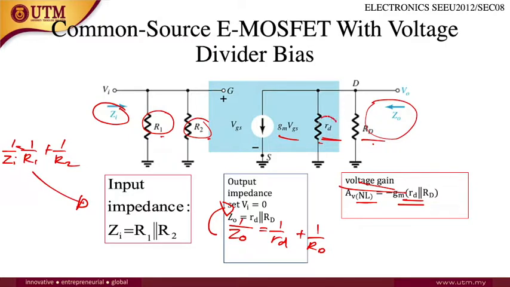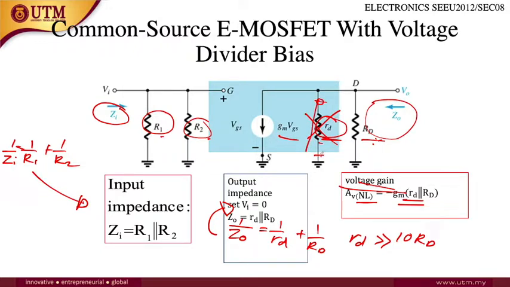But how do you know whether to consider the value of RDS or not? If the value of RDS is 10 times larger than the value of this RD, you can neglect this RDS because it is too big, so the current will not flow here. It will act as an open circuit.